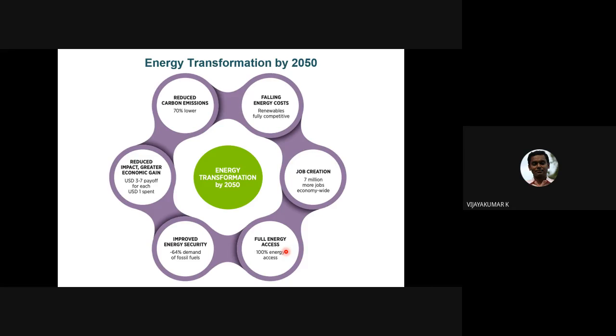We can consider hilly areas. In hilly areas, you cannot establish the network, so it's very difficult. In those locations, renewable energy sources play a great role in supplying the loads, right? So we can access 100% energy in the country. That is achievable only by renewable energy sources.